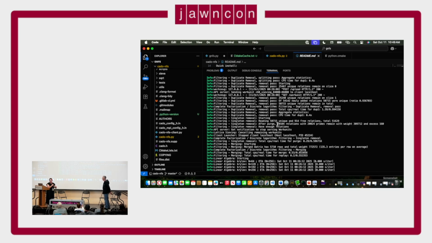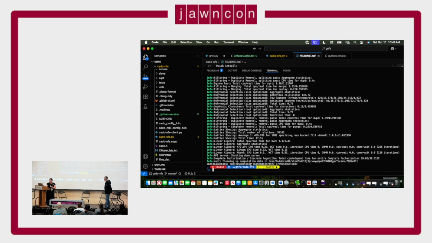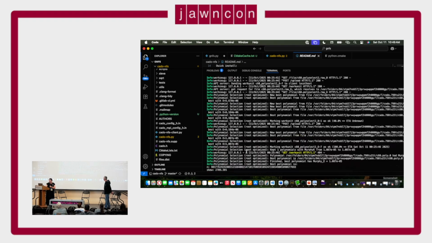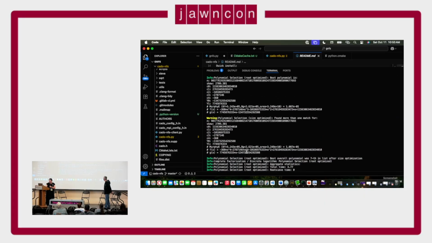It walks you through everything that it's doing, and it's super nice. Here are the 4 factors of the number that I asked it to factor, and it ran pretty quick. It's selecting polynomials and stuff. So yeah, anyway.